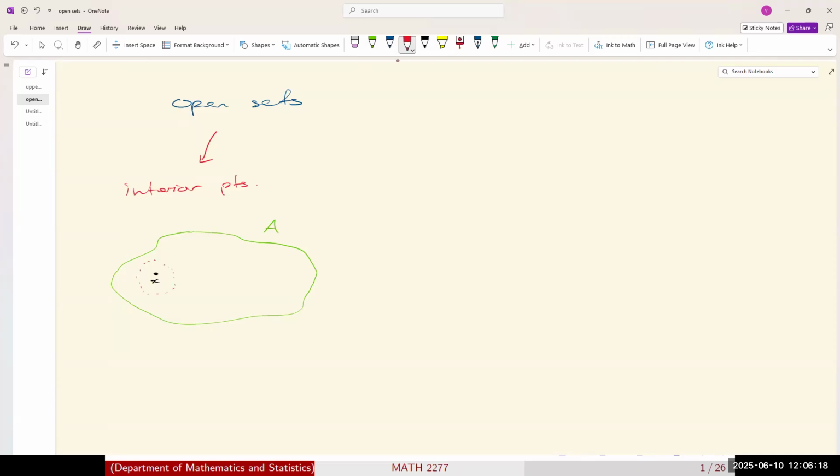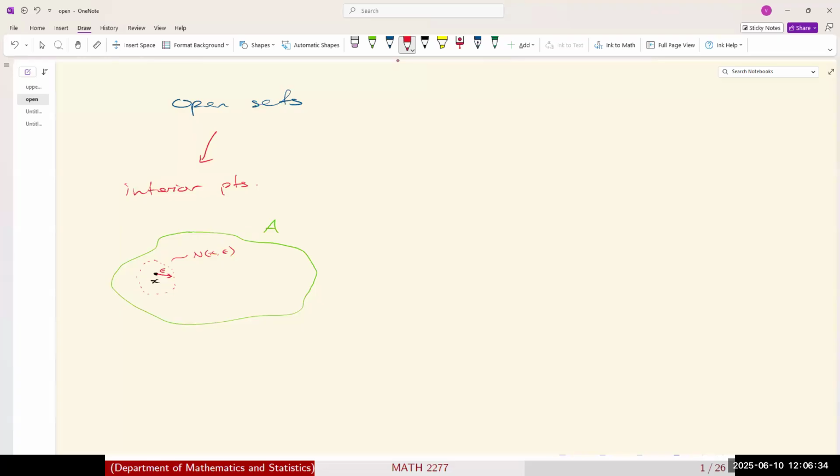You just need to find one neighborhood. There might be many, but you just need to find one neighborhood of some radius epsilon. So this is the neighborhood, centered X, radius epsilon, that is completely inside of the set.